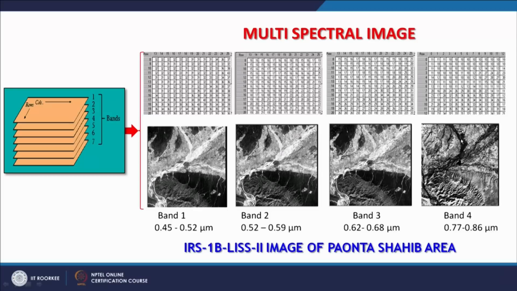Water bodies appear darker, whereas in the visible channel they all appear very bright. Healthy vegetation appears very dark here, but in near infrared it appears a little brighter in this image. So this is how the satellite records multispectral data.